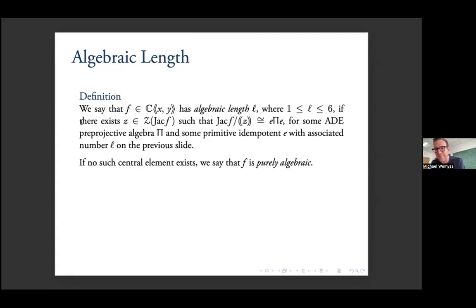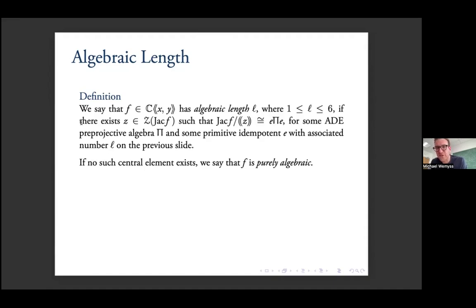I'm going to say an element in the power series ring in two variables, and there are lots of elements in that ring, has algebraic length L, for some number between 1 and 6, if I can find a single central element Z in the center of the Jacobi algebra such that the quotient of my Jacobi algebra by that central element is eπe, for some ADE preprojective algebra and some primitive idempotent which has this associated number L. So I'll try to unpack that for you.